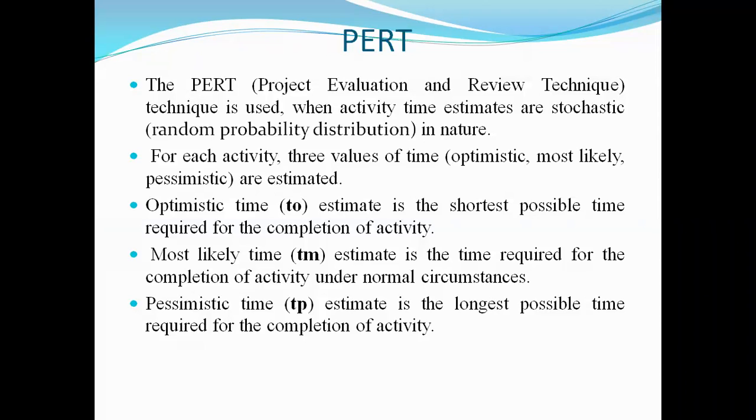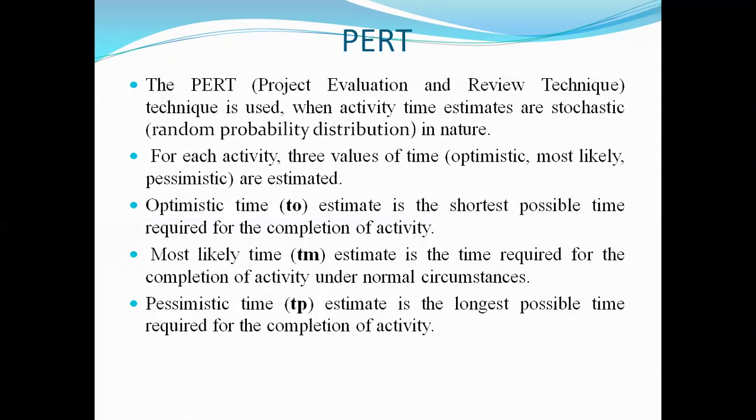So the next point is this: for each activity, three values of time, optimistic, most likely, and pessimistic, are estimated. Now, what is the optimistic time? It is represented by T naught. It estimates the shortest possible time required for the completion of the activity. Next is the most likely time.